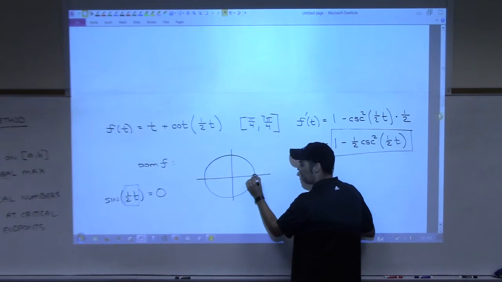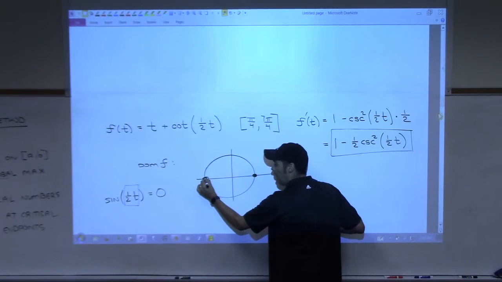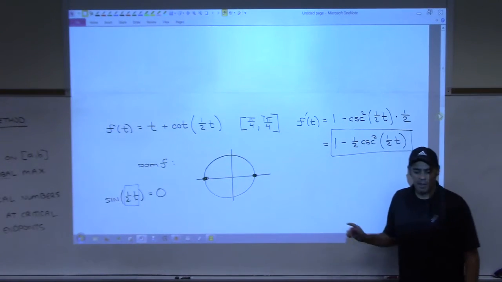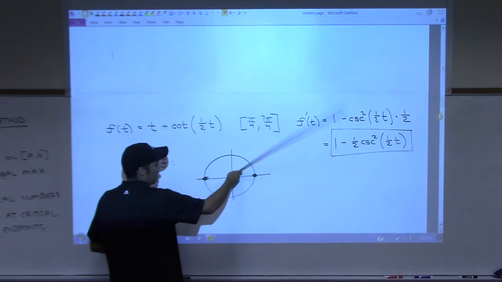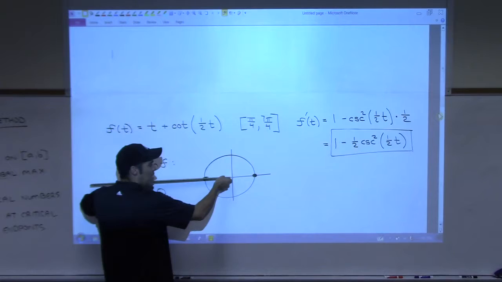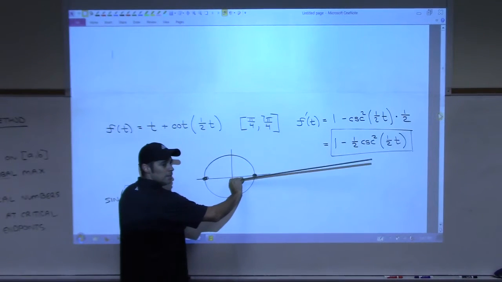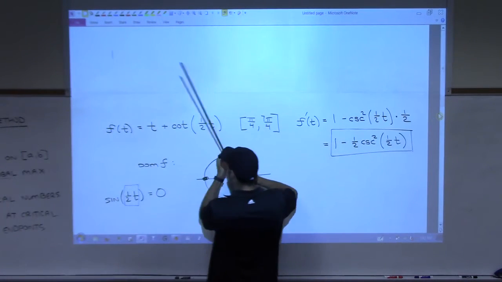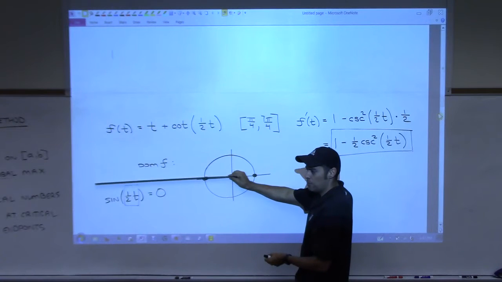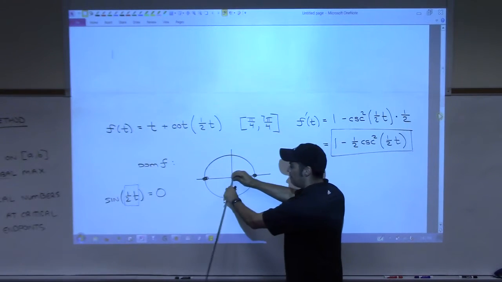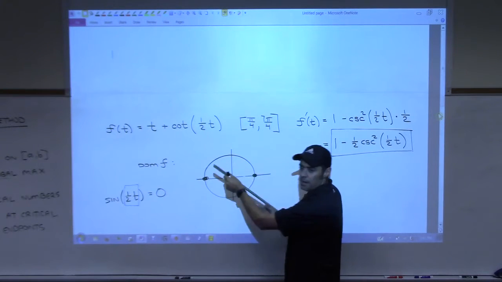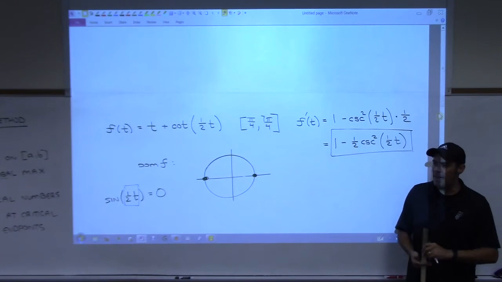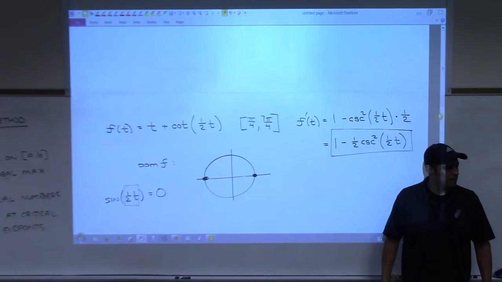At 0 and at pi, right? 0 and pi. This is 0, that's pi. But we could also have all the way around, which would be 2 pi, or you could have all the way around and then one more half rotation, which would be 3 pi, or 4 pi, or 5 pi, or 6 pi. There's an infinite number of angles where that could be 0, right?